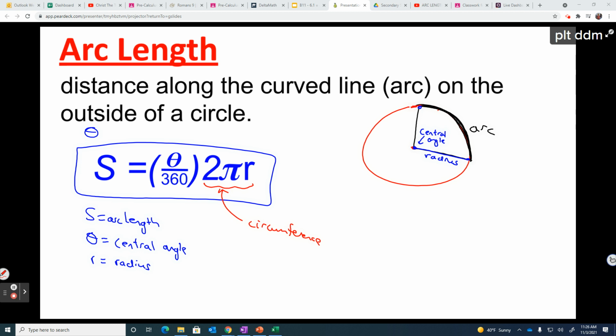So it'd be a fourth of whatever the circle is. So you can just remember this is the circumference times the fraction of the degrees, however much we have over 360. That's it. Very easy to use. All you're going to do is plug it in there. And I have a real world problem we're going to look at here to solve.